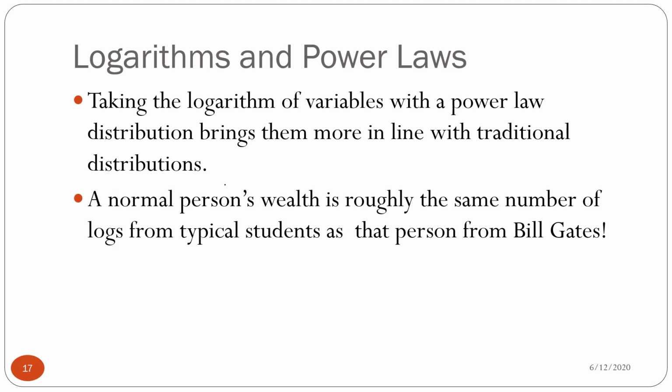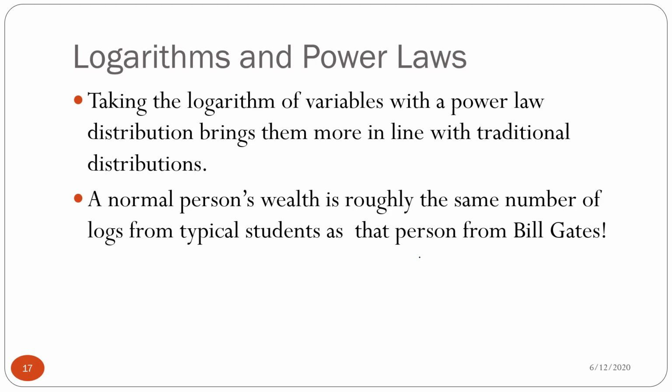Alright, so the same point has been mentioned here. A normal person's wealth is roughly the same number of logs from a typical student who's probably not earning much as that person's is from Bill Gates. So the point is that Bill Gates' earning is really huge. If you compare the actual salary of a normal person with Bill Gates', the difference is huge.